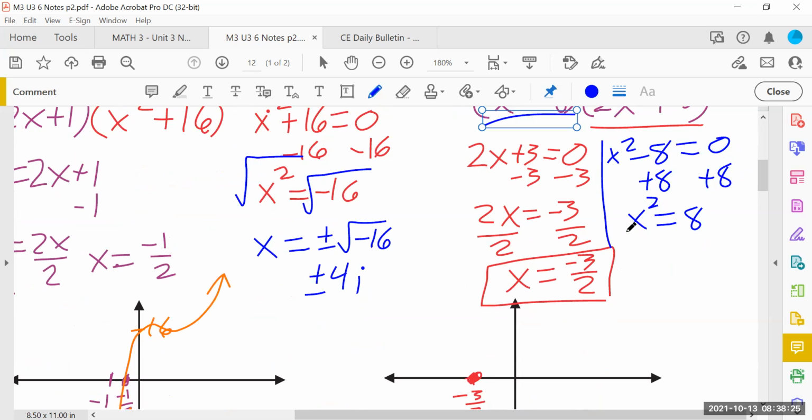X is equal to plus or minus the square root of 8. That simplifies. 8 is 2 times 2 times 2, right? I'm not going to make the factor tree this time. I know it's three 2s. I can take out one set of 2s, leave one inside. So plus or minus 2 root 2.